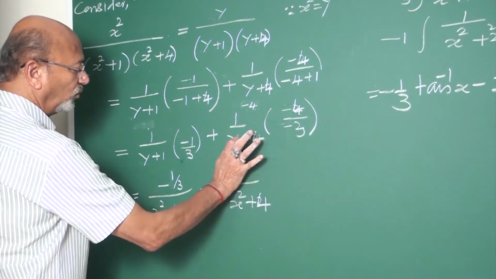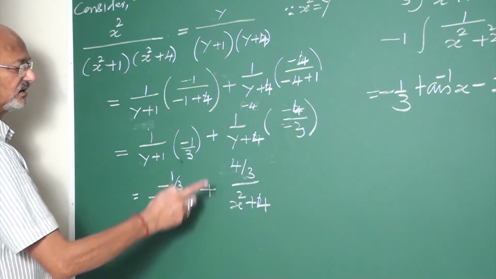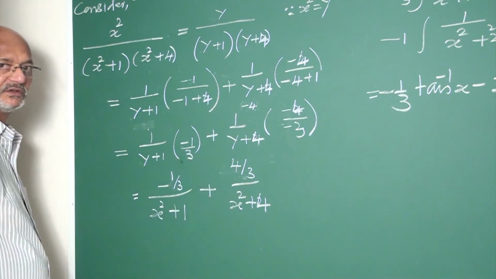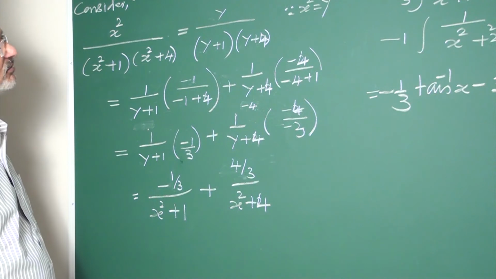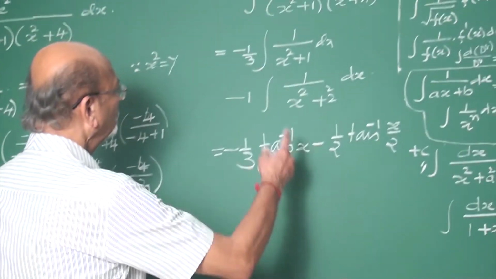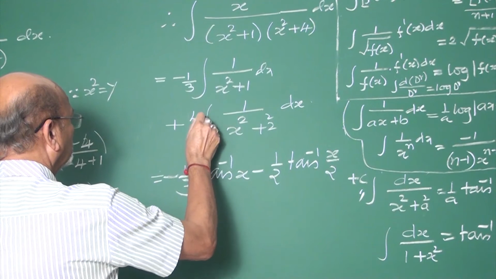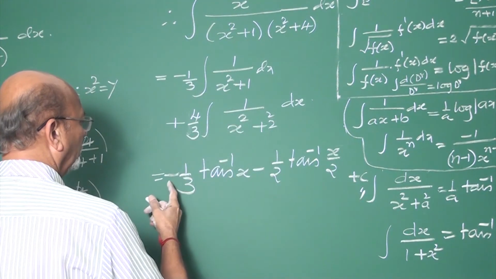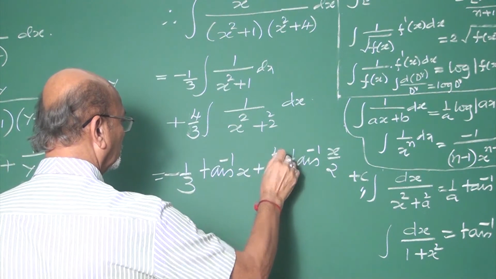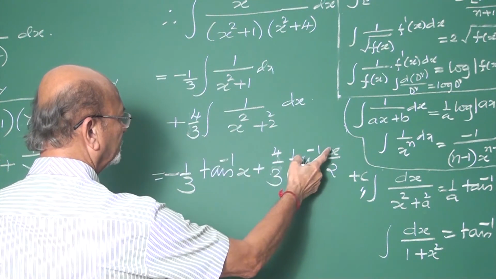It is 4 by 3. Down is x squared plus 4. I hope it is correct now. Substitute, yes. Minus 1 by 3 into this, it is plus 4 by 3. Minus 1 by 3, plus 4 by 3 tan inverse x by a.